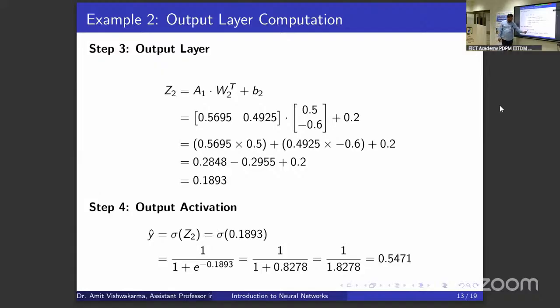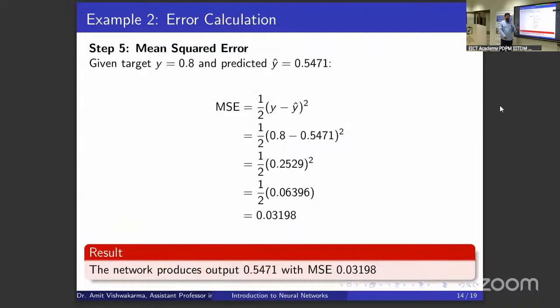We compute like this: 1 upon 1 plus e to the power minus Z. We solve the expression and obtain this particular value, 0.547. Any doubt in this slide? You ask me, we will go to the next slide. Is it clear? Okay, next.